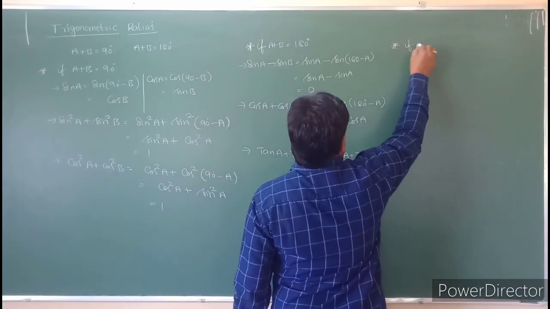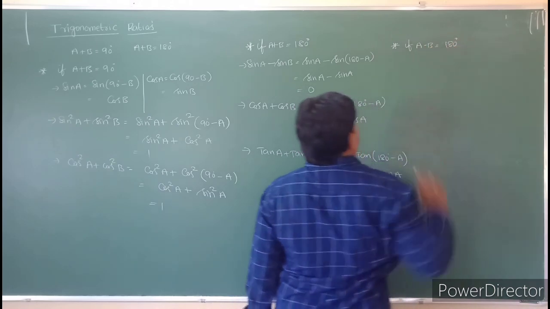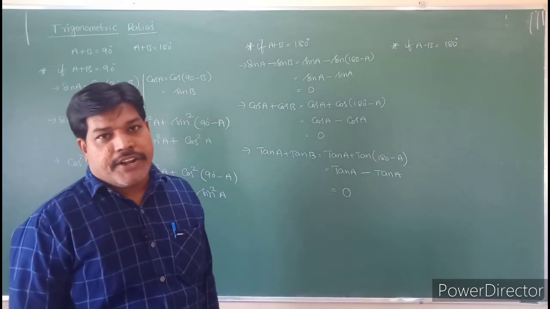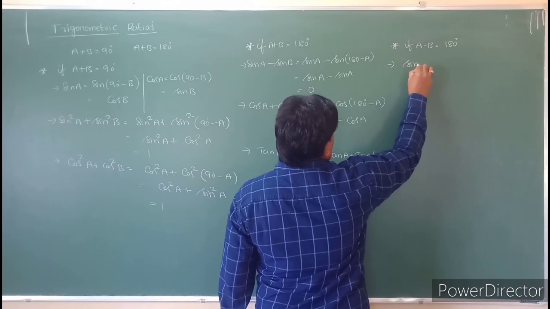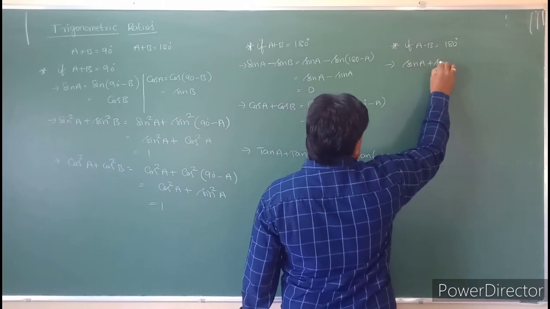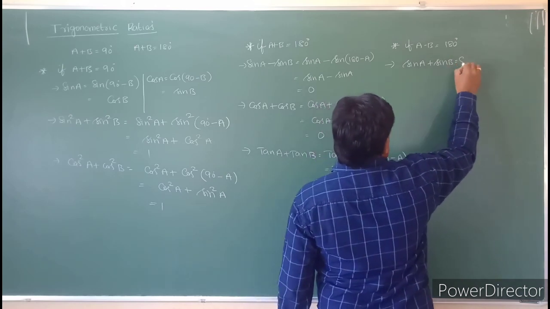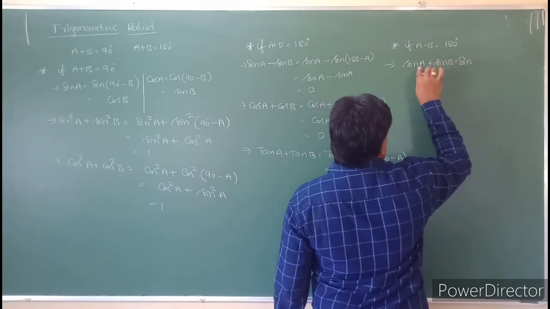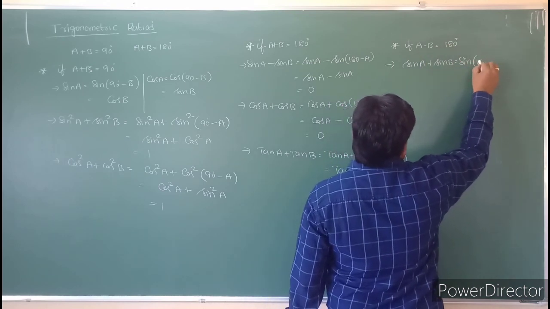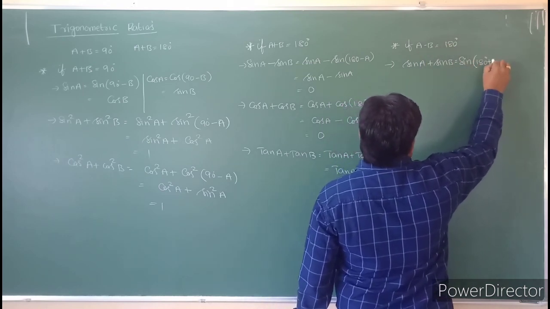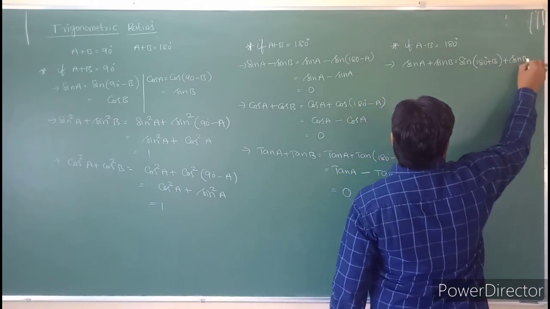So next, see that condition. If a minus b is equal to 180 degrees, what happens? Then see the first condition. Sin a plus sin b is equal to, what is that? Sin of a. If we take this b value to this side, a will become 180 degrees plus b, plus sin b.